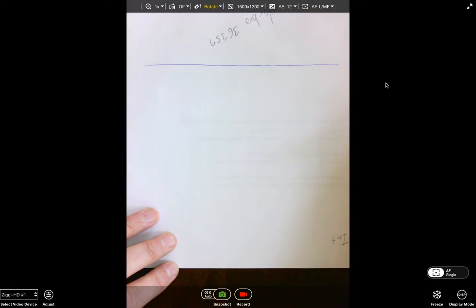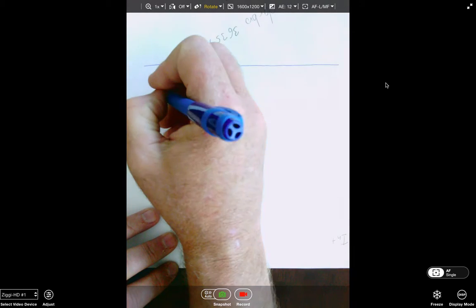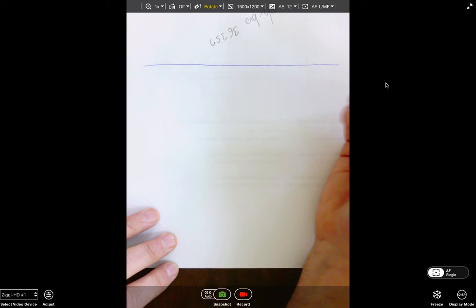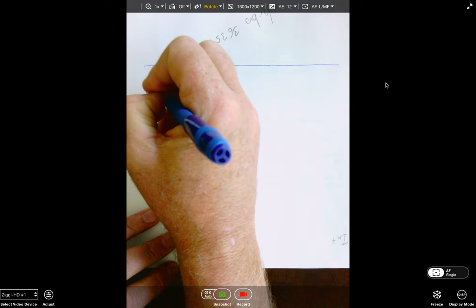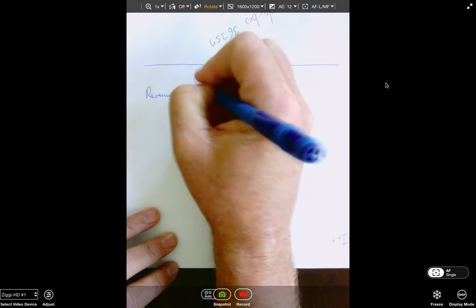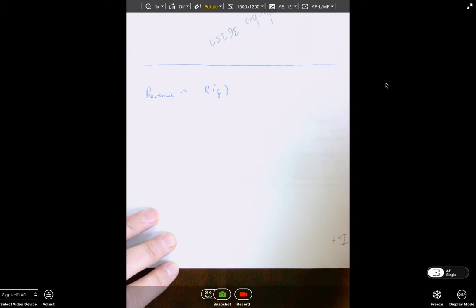But it's one of the things that students seem to mess up the most. Okay, in our revenue function, it would make sense if we call our cost function C of Q. We would call our revenue function R of Q.